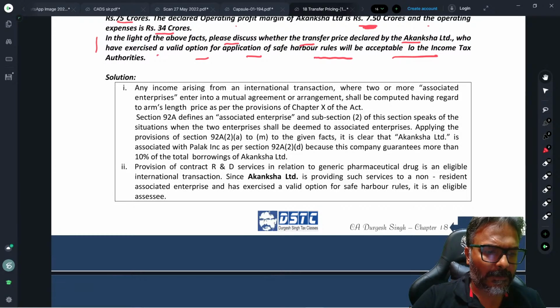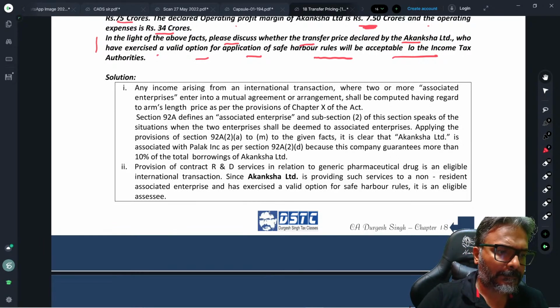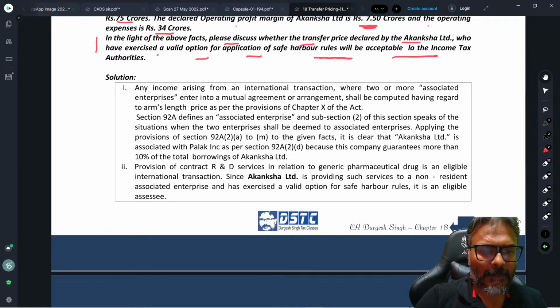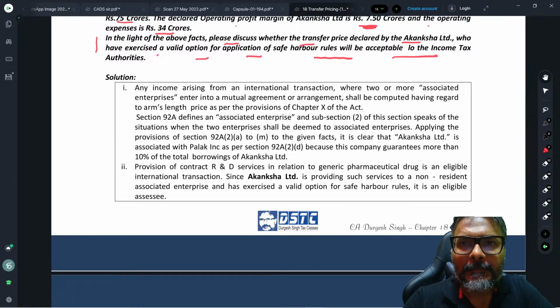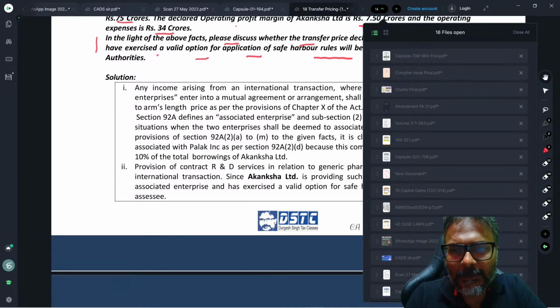So students, now we will be looking at the transfer pricing part. The topic that we are going to discuss now is transfer pricing.